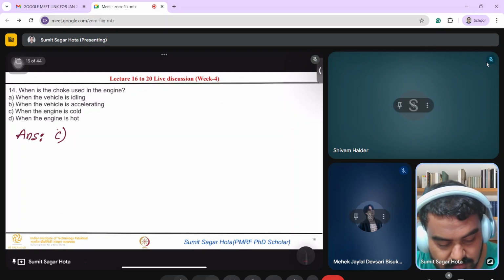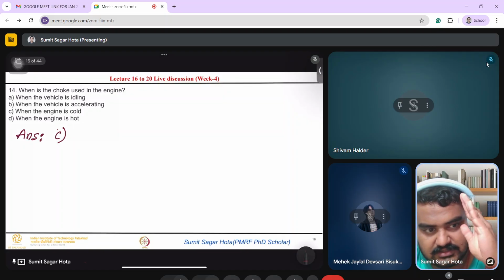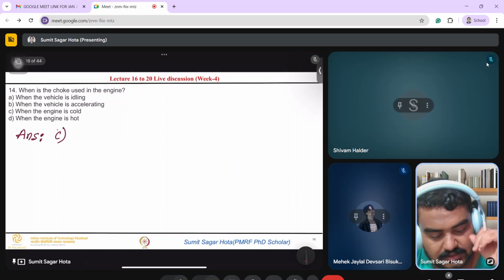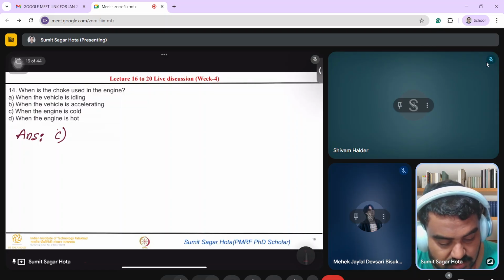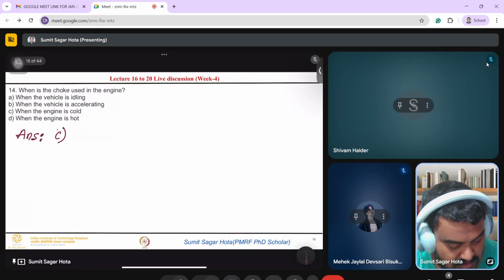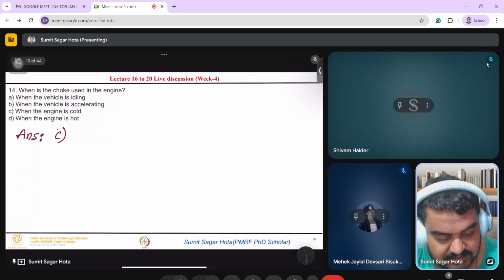It opens and closes like this. It will control the fuel from the venturi throat to the carburetor. So we are basically supplying fuel to the carburetor.